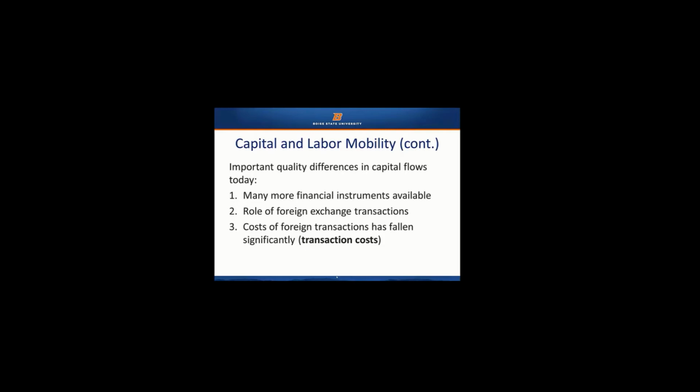They dwarf the volume of trades in stock markets. And one reason is because the cost of conducting transactions either in the foreign exchange markets or making financial investments across national borders have come down significantly. So that's key.